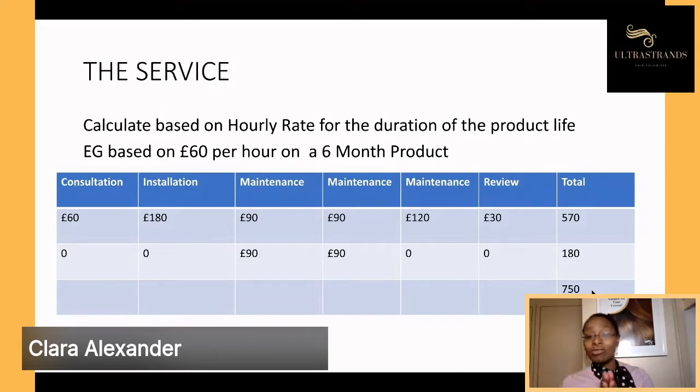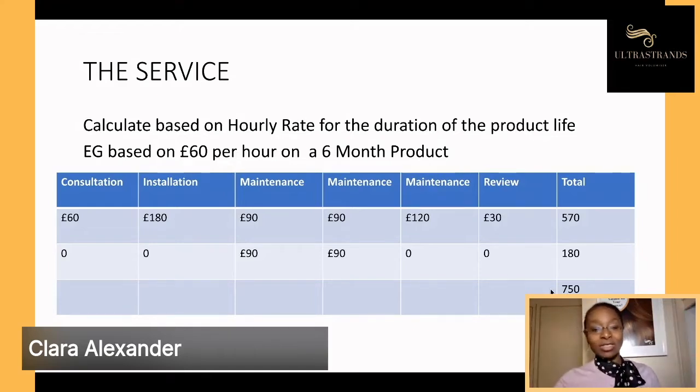So if you're cutting, colouring, any of that, it doesn't include that. The review, which can happen any point within the 6-month period, we are saying it's £30 because we expect on average it will take half an hour to do. That gives us a total of 570, and then we've added 2 additional maintenance periods so that it comes to the 6 months, which is £90 each, which gives us a total of 180, and then 570 plus the 180 gives us a total of 750.